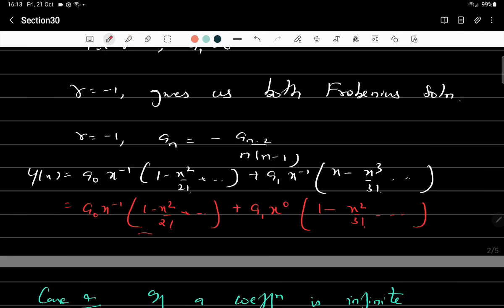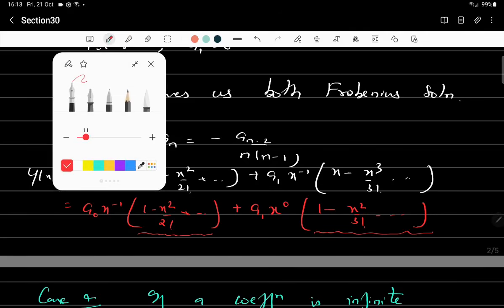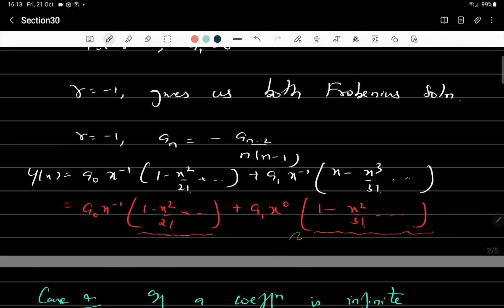So if I take x raised to power minus 1 inside the first series, it is not defined for x is equal to 0. This power series solution does not exist. But in the second case, when I took x raised to power minus 1 inside, the power series solution still exists, because this is the solution for r is equal to 0.